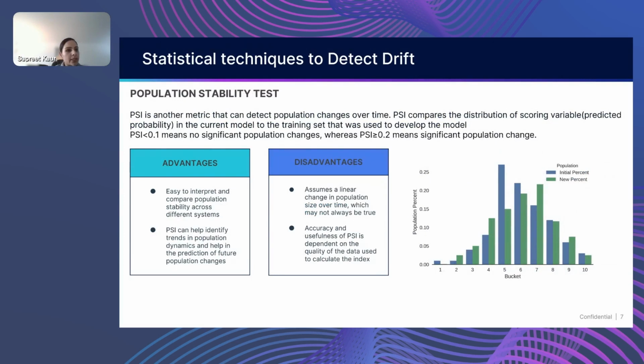The next one is the population stability test, and this is a little bit easier to understand than the KS test. It is, again, used to detect population changes over time. It's a statistical analysis technique used to evaluate whether the characteristics of the population, such as your mean and variance, have changed, and how much they have changed in a period of time.